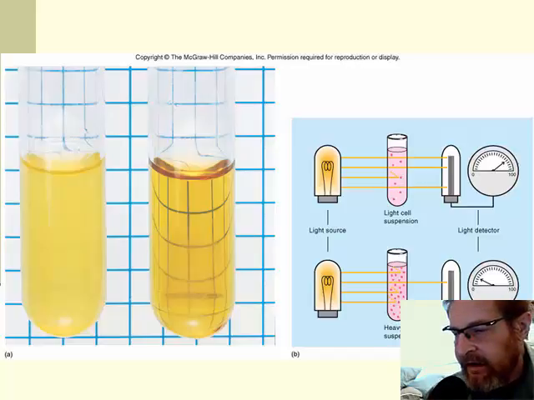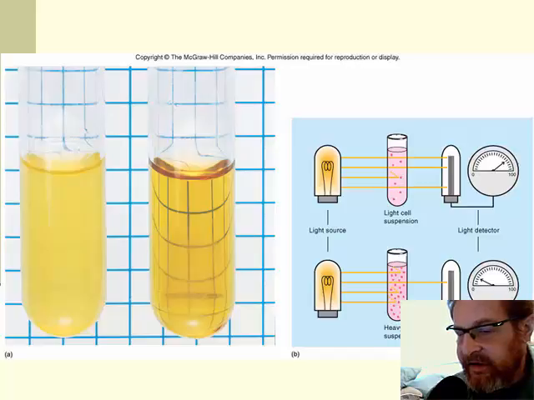By eye, it's harder to quantitate, but you can see those two panels. The leftmost being a very heavy solution of cells, where there are a lot of cells in that test tube, and the other, there are very, very few cells in that test tube.